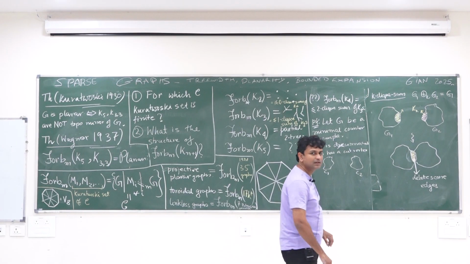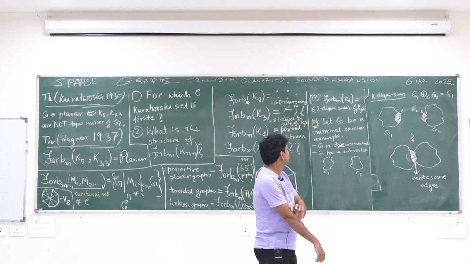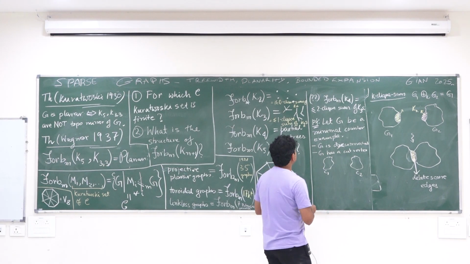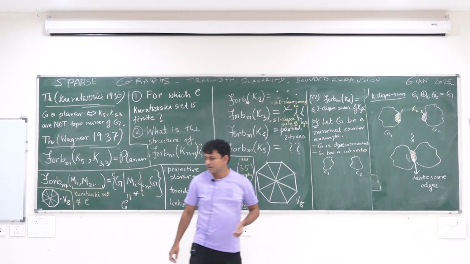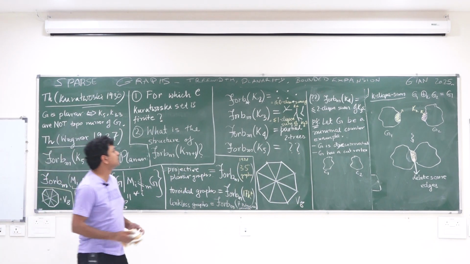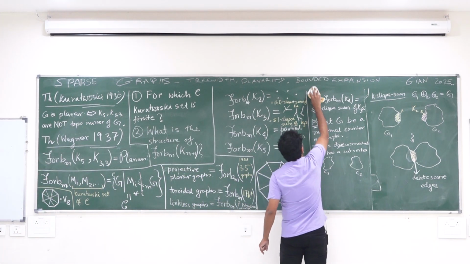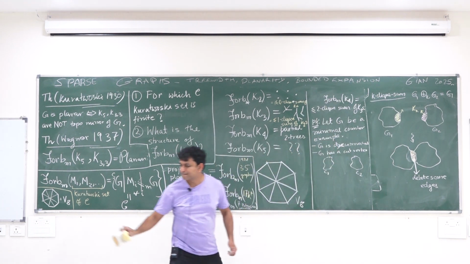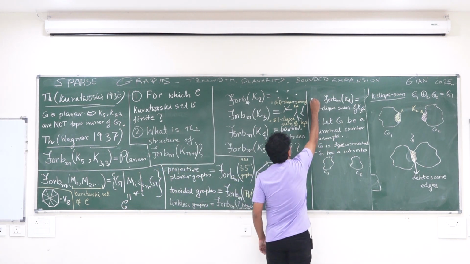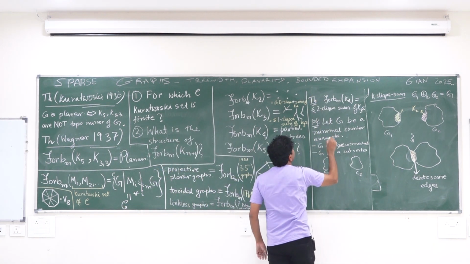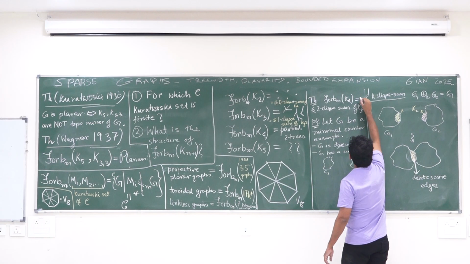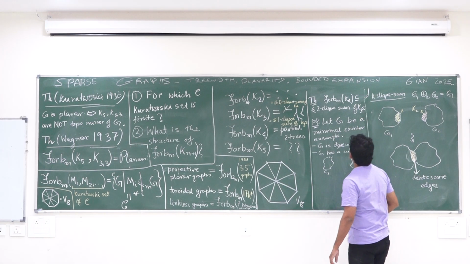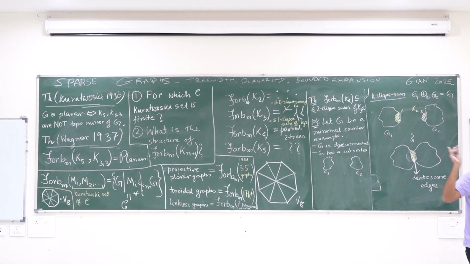No, but you're just proving one side of the equality. Which side are you proving? Okay, so I should say that: I'm showing that all forbidden K4 graphs can be constructed like this.